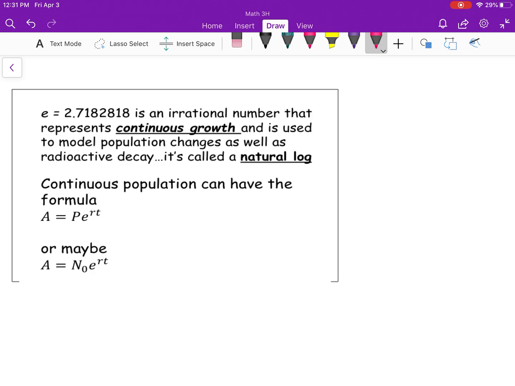In this case, in this P e to the r t formula, e is just the number 2.7182818281828, and so on and so forth. So it's a little easier of a formula. There's an e key in the calculator that I'll show you how to get to in a minute. So just hang on with that.